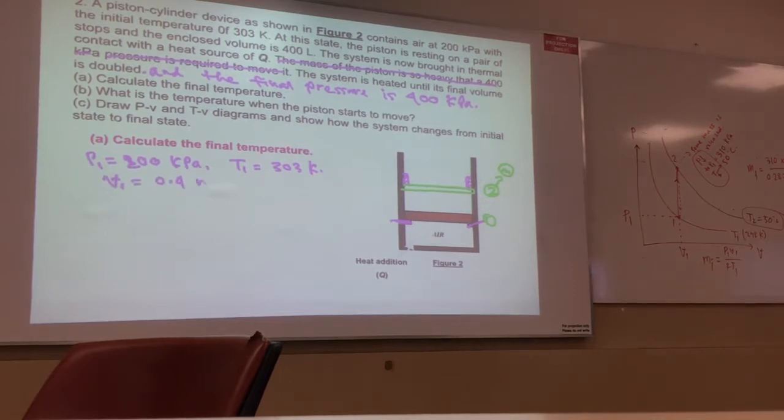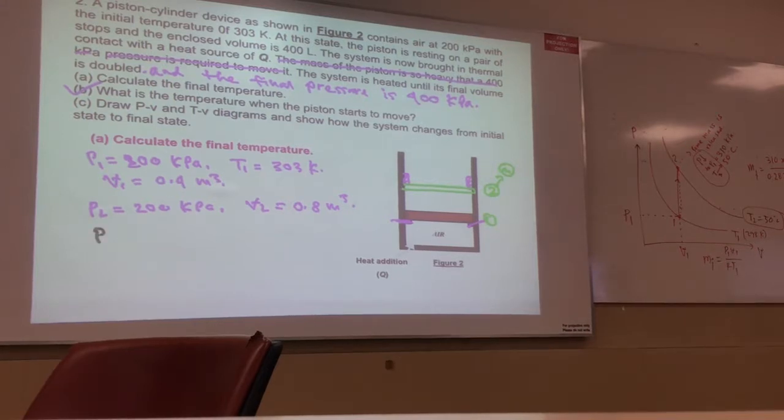0.4 meter cube. So at state 2, what is P2? P2 also 200. Constant pressure process. And V2 is 0.8 meter cube. Double. Then what is T2? T2 is the intermediate temperature. This one.